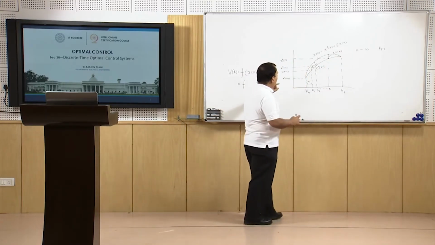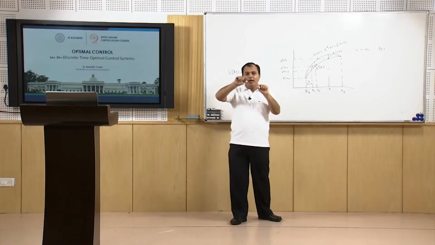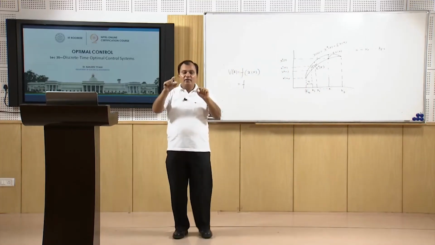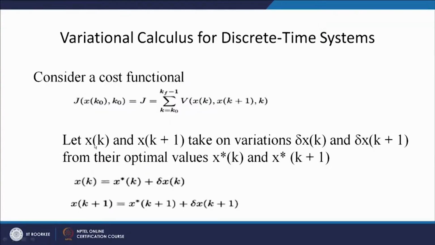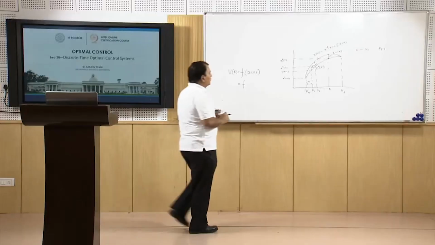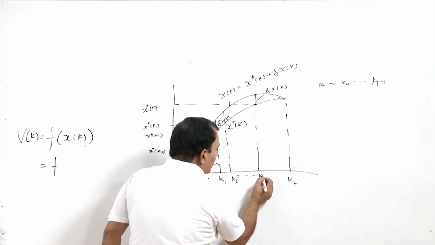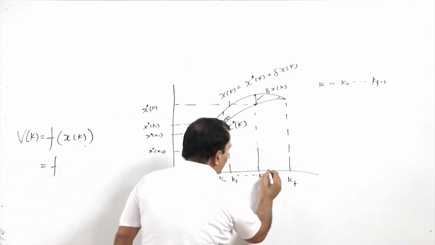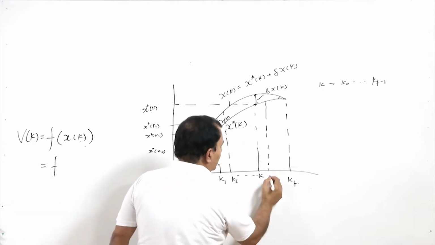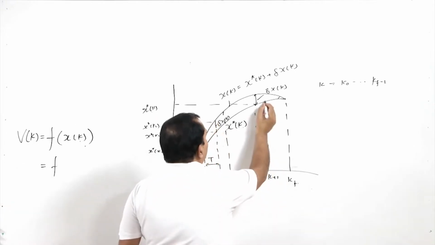So, what we are saying is, we are considering an optimal x and seeing the variation at this optimal point. So, we are saying let xk and xk plus 1 take the variations delta xk and delta xk plus 1 from their optimal values x star of k, x star of k plus 1. So, this means if let us say at the kth instant my value is x star of k, next instant to this will be k plus 1.